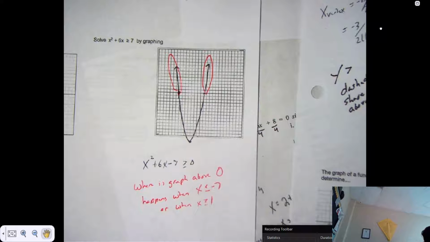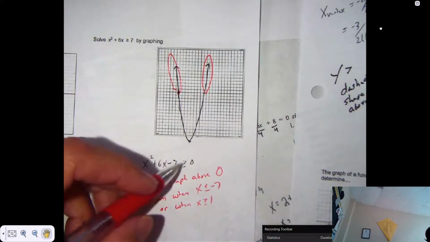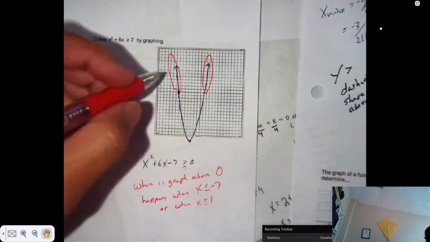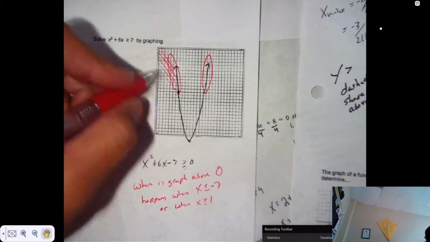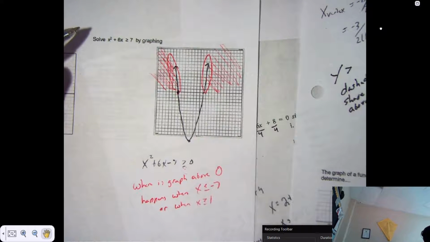That's the tricky part about it. You're writing inequalities to answer this thing. And if you thought about the shading here being greater than or equal to 0, it'd be all this solution space over here and all this solution space over there, because that's where you're above 0. So it's always going to be above 0. So it's kind of funky looking.